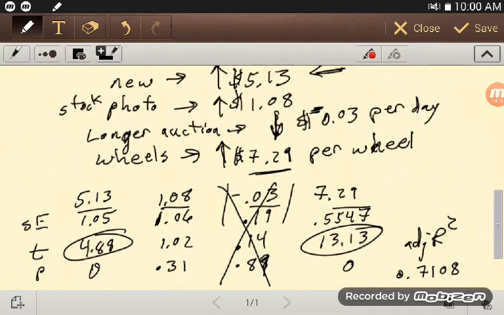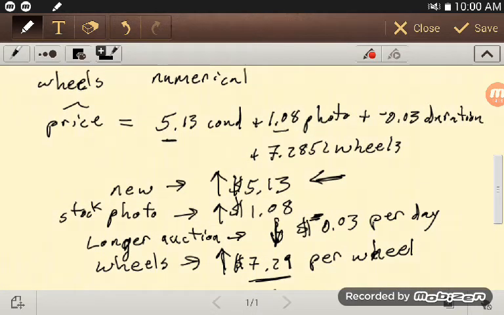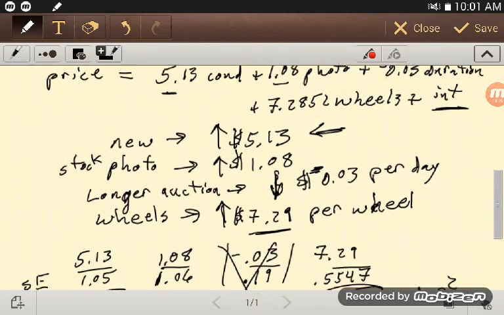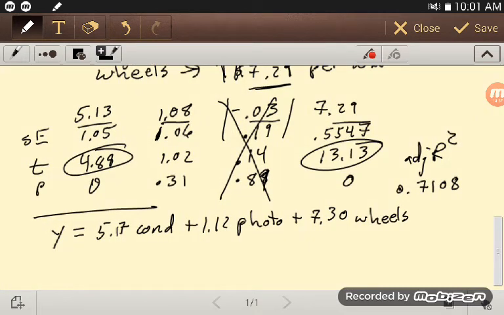I didn't put the y-intercept in up here. Sorry about that. I'm kind of looking at the text while I do this. I'm sorry, I don't remember what that intercept was. We don't really care much about the intercept, so I'll just say intercept. And here, the intercept is 36.